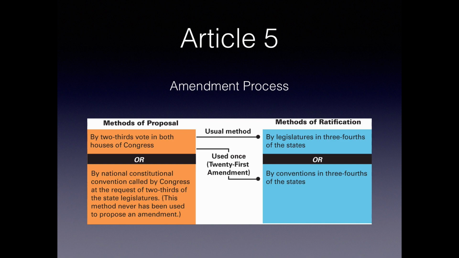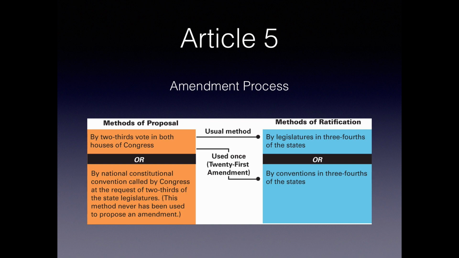Why not? Well, the last time we had a constitutional convention was when we threw out the Articles of Confederation and made a brand new government. So there is a legitimate fear that if we call a new constitutional convention, the end result will be the U.S. Constitution is gone completely and we have a brand new government. So that's something people aren't very willing to do.